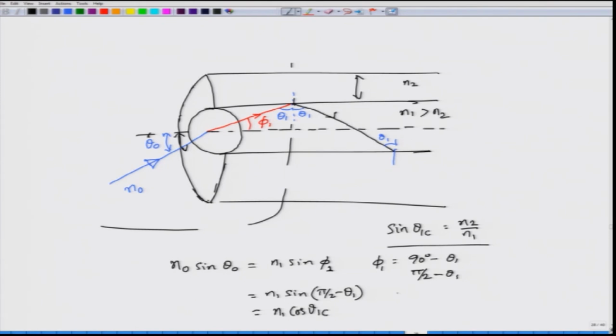And clearly if sin theta 1c is N2 by N1, cos theta 1c is the square root of 1 minus N2 square by N1 square. So, I can put that into this expression and write N0 sin theta 0 equals N1 times the square root of 1 minus N2 square by N1 square.